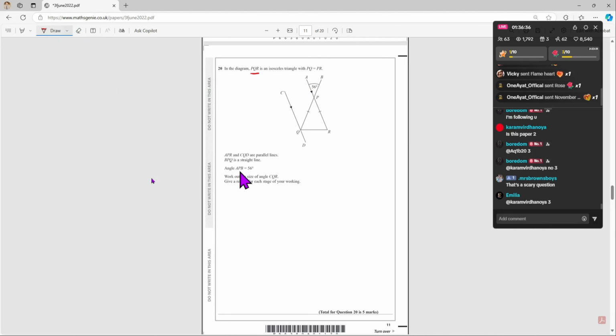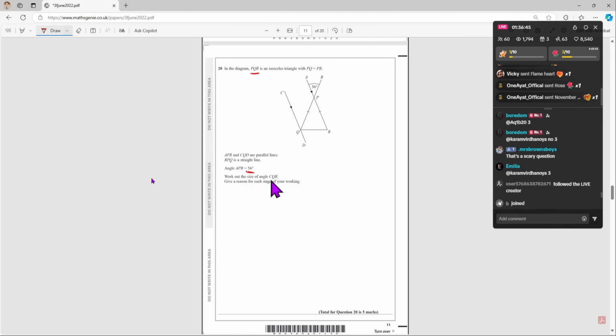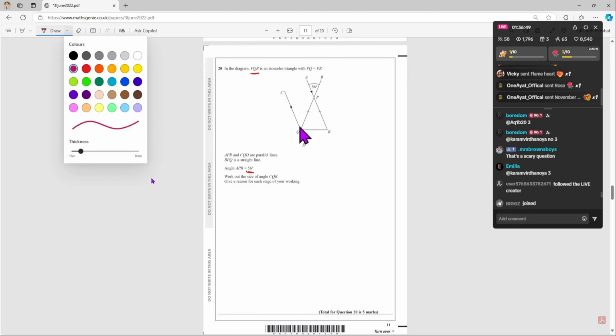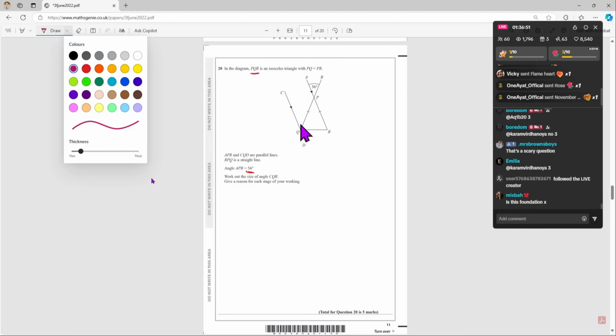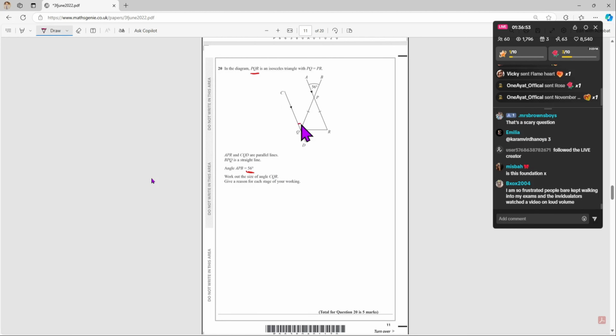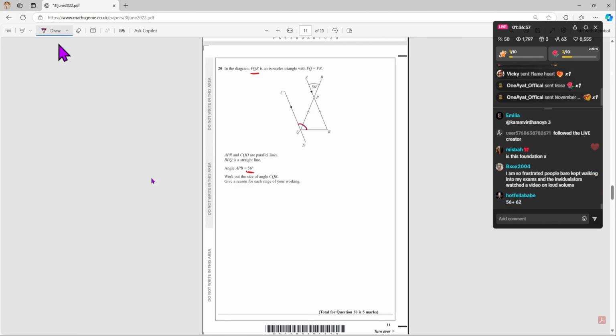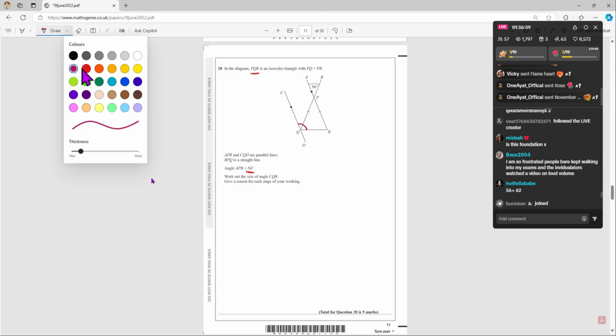Angle ABP is 56 degrees, labeled right there. Work out the size of angle CQR. CQR is this angle right here. To work out this angle is very simple.